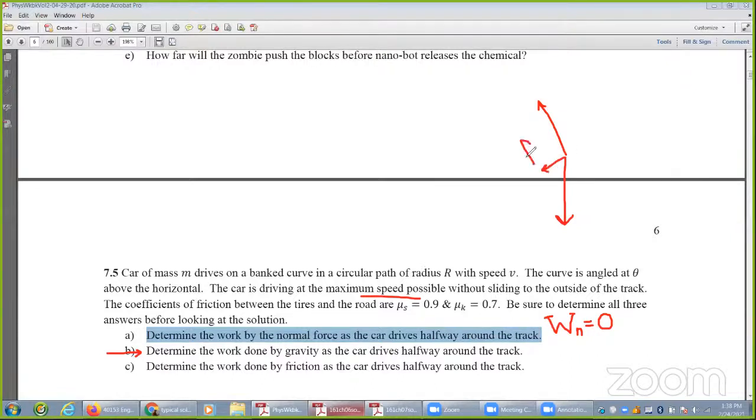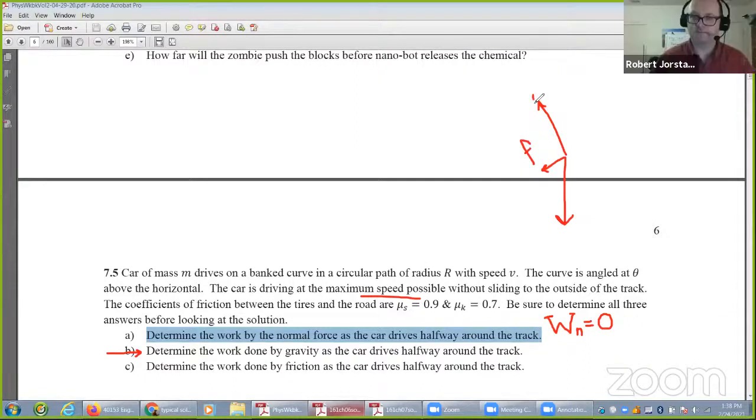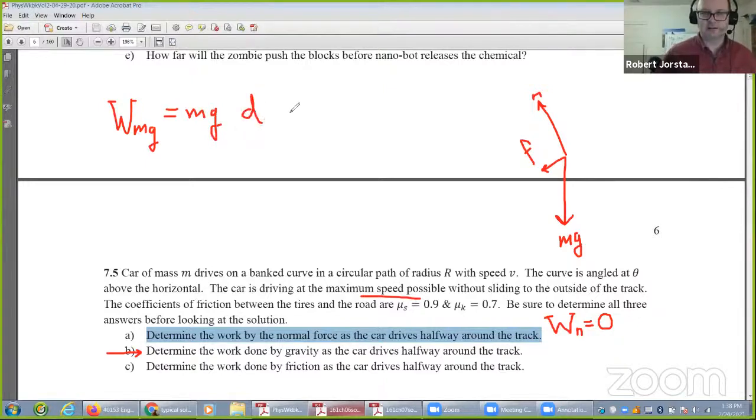Let me label these so we could follow. Now, in this case, we usually go right to work done by mg, and that's equal to the force times the distance, mg ds, times cosine of the angle between. What's the angle between?